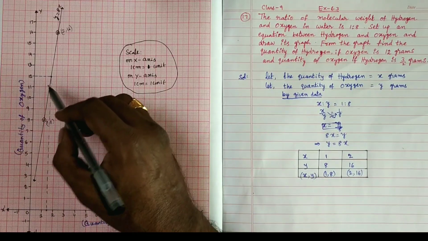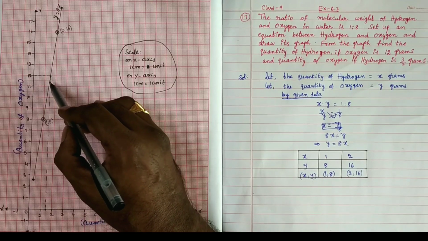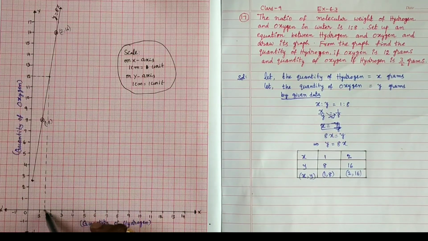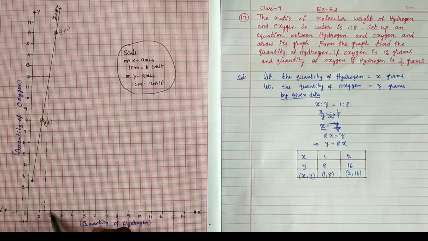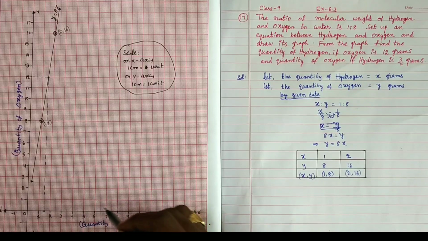So when the oxygen quantity is 12 grams, the hydrogen quantity will be 1.5. It lies between 1 and 2. So 1.5 we can take as 3 by 2.